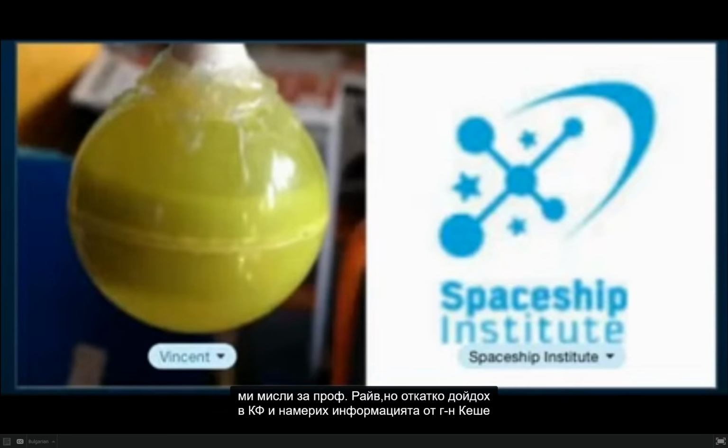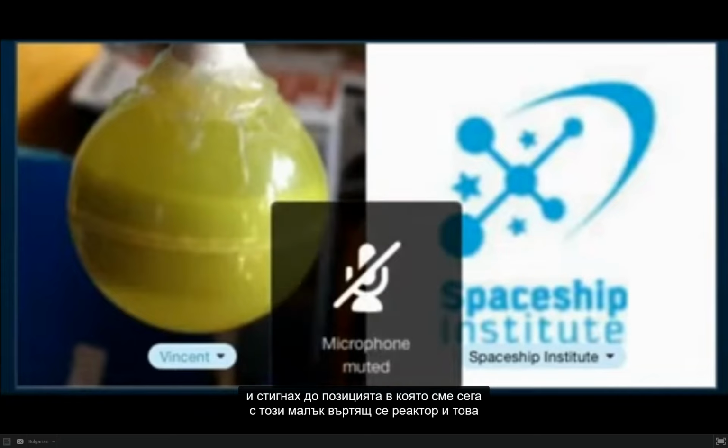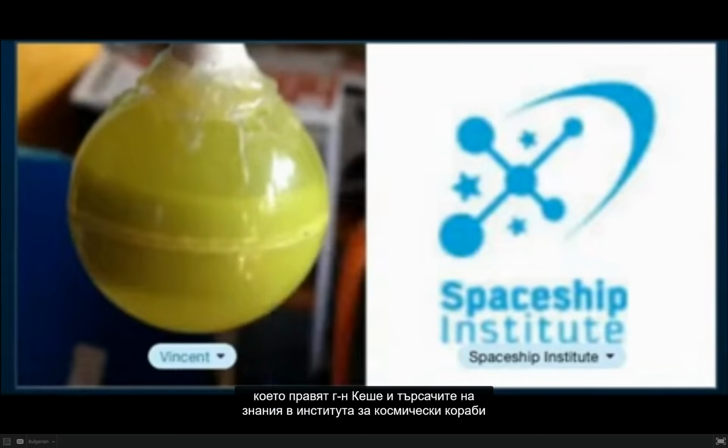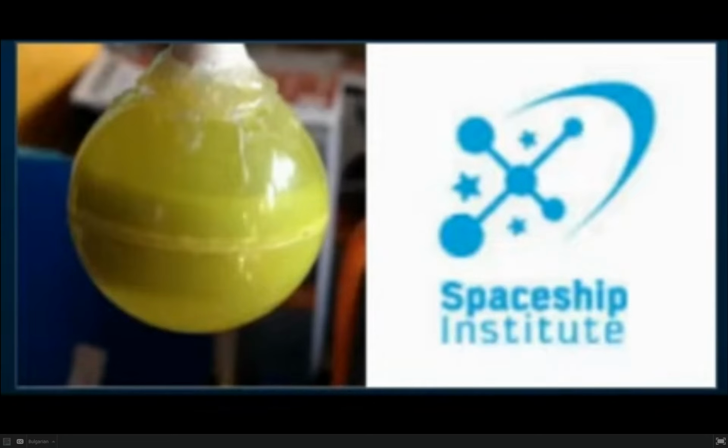But since coming into the Keshe Foundation and finding the information from Mr. Keshe, and going to the position that we are now with the little rotating reactor and with what Mr. Keshe and the knowledge seekers are doing at the Spaceship Institute, it's come a long way. And there's still lots to go. Yes, no doubt about that. There's still lots to go.